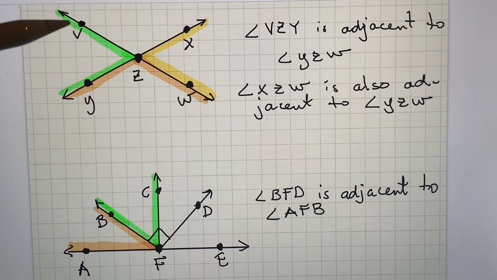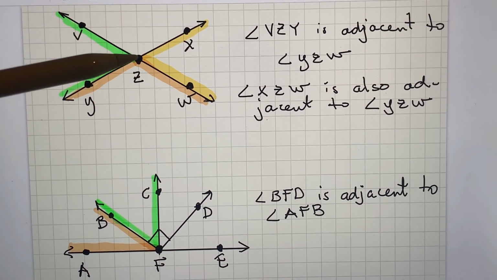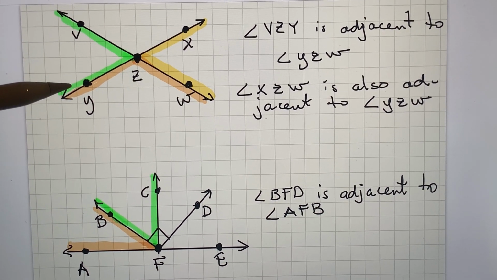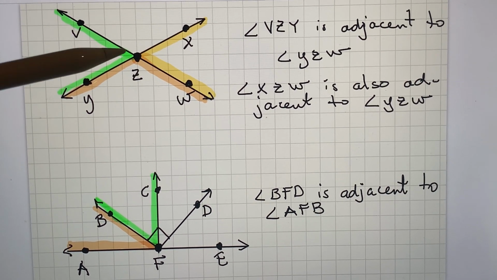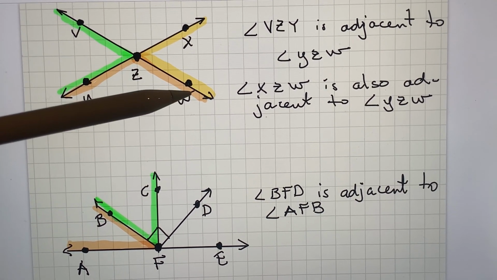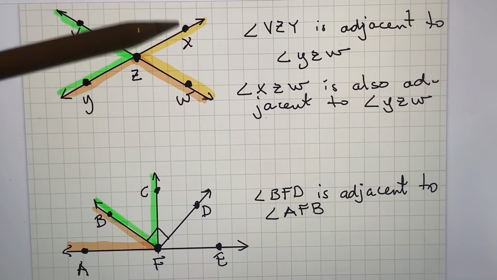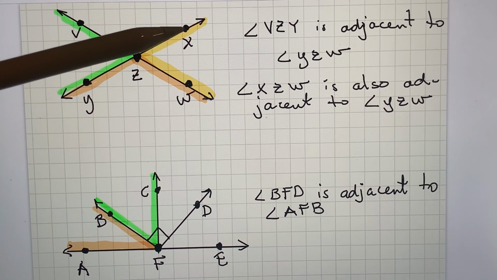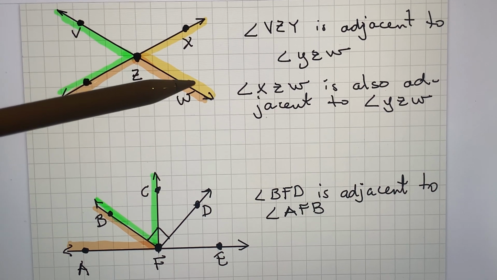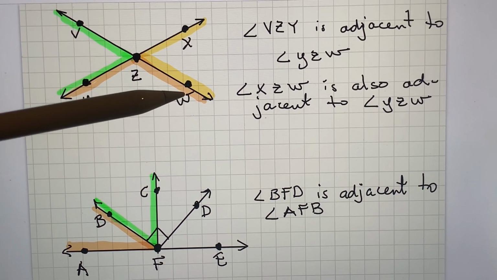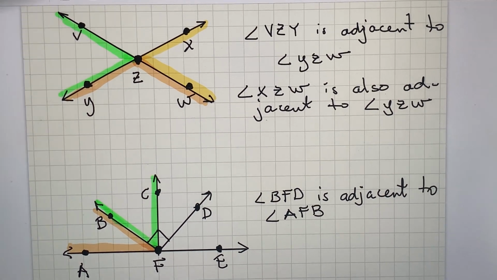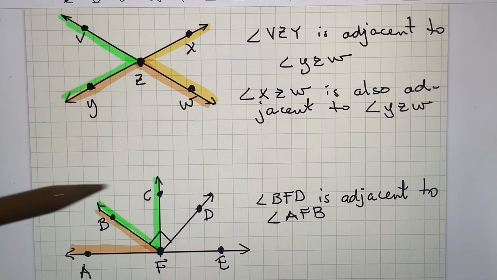Notice I have here angle BZY, and I can tell that that is adjacent to YZW. Now, notice that XZW is also adjacent to YZW.